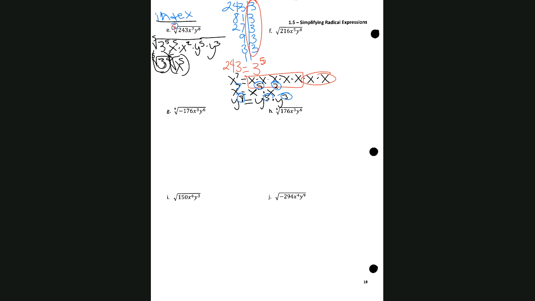And then we have the 5th root of x to the 2nd power, the 5th root of y to the 5th power, and then I need one more, so that would be the 5th root of y to the third power. Sorry, I'm writing over the 243. I'm just going to erase it.